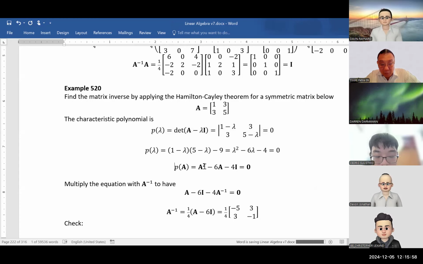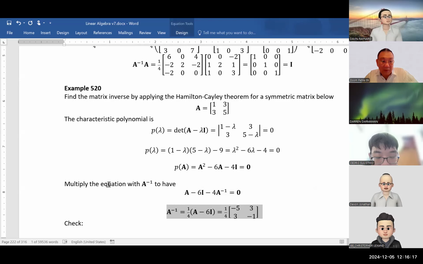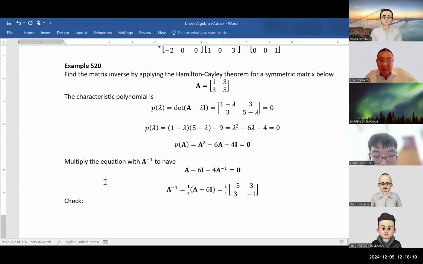And then 6A multiplied by A inverse becomes 6I, and I multiplied by A inverse becomes A inverse. From there you just do algebra, so you will get A inverse equal to this value. Interesting.